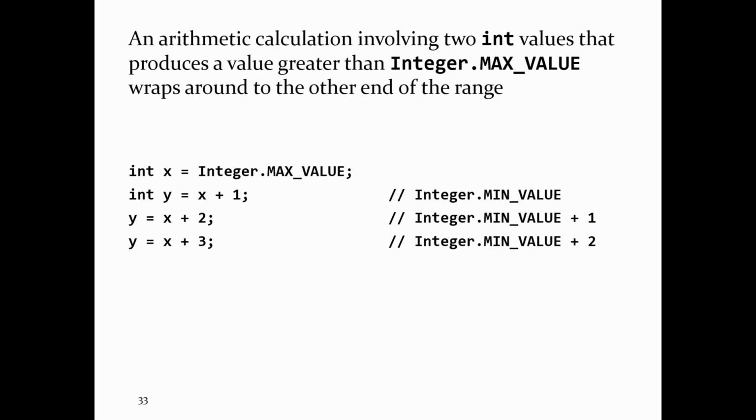The same is true with multiplication. If you multiply 2 values, you wrap around one end and go back to the other end, and you keep on going. It's as if the range of values was cyclic in Java. This is the way that many programming languages work. C works this way, C++ works this way, and many other languages as well.